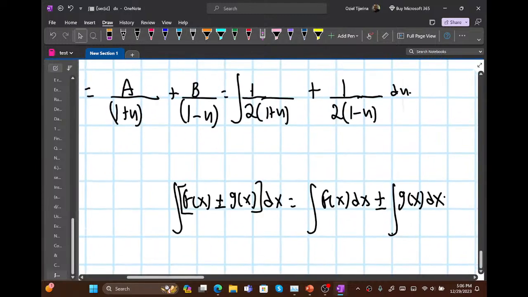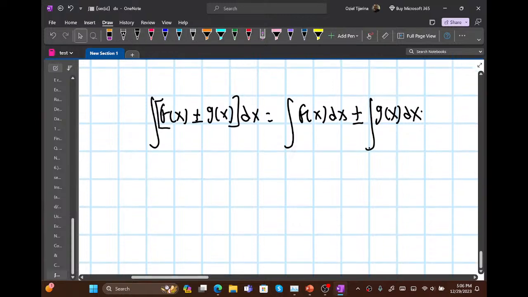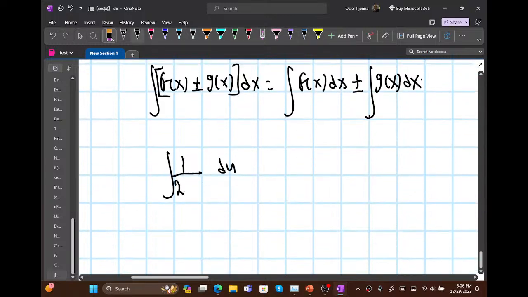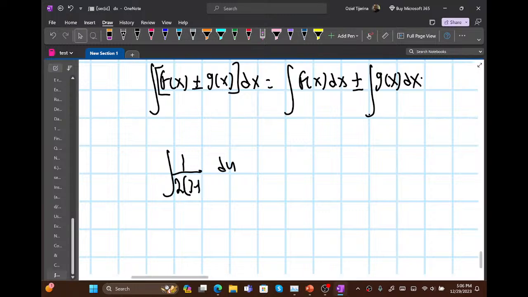So in other words, this entire thing is going to be the integral of 1/2 times 1 plus u du plus the integral of 1/2 times 1 minus u du. I don't know why it keeps writing this way.